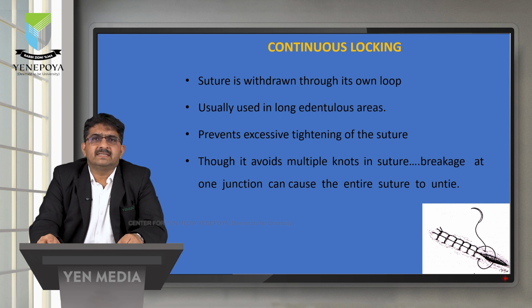It also prevents excessive tightening of the suture and is usually used in a linear or an incised wound. Even though it avoids multiple knots, in continuous and continuous locking sutures, any one junction or one knot which becomes loose can cause the entire suture to untie.